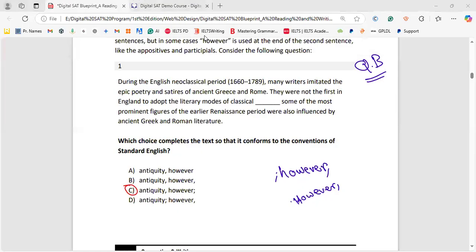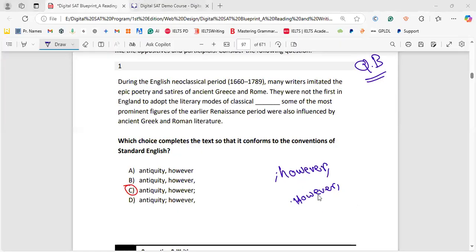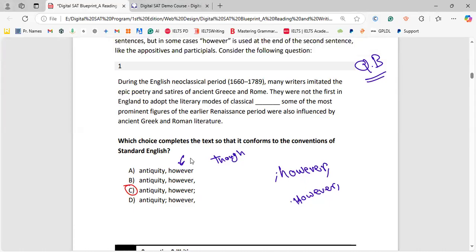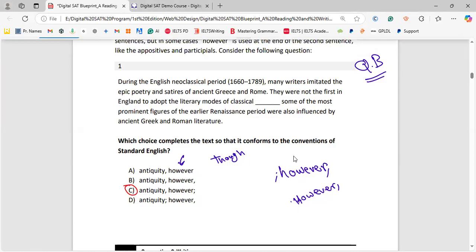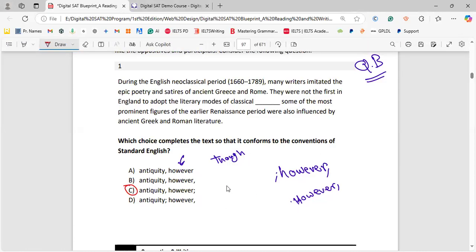Okay, I'll tell you why it is C now. This is all we know about however, but there's an SAT trick with however. So in any question that you find however or though, the question should look suspicious to you. Why? Because you need to find the trick. In this organization, which we know as the traditional organization of however, we have an independent clause here and another independent clause here, right?